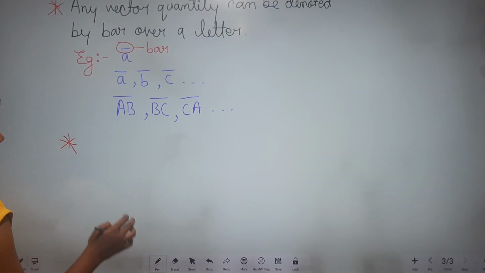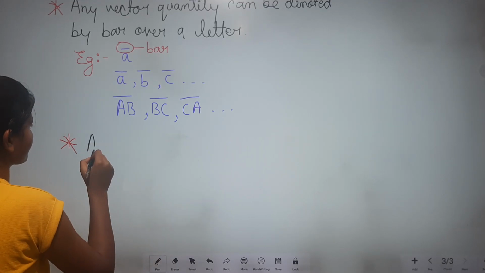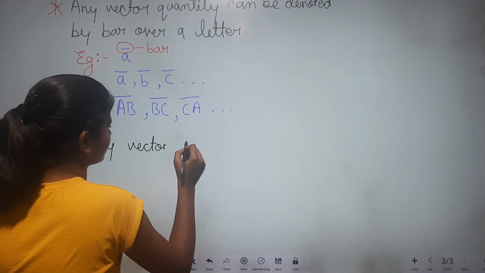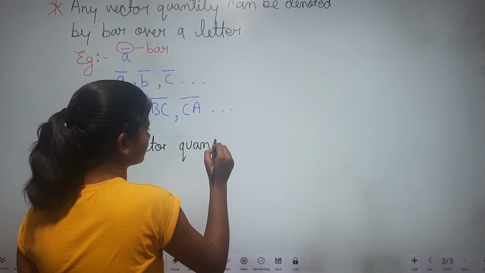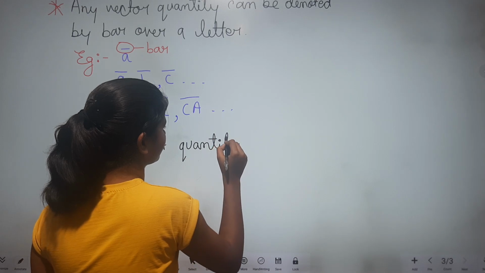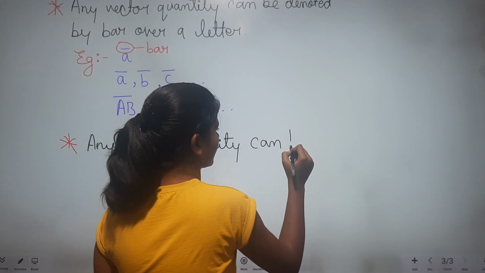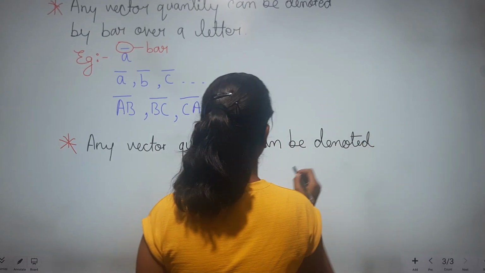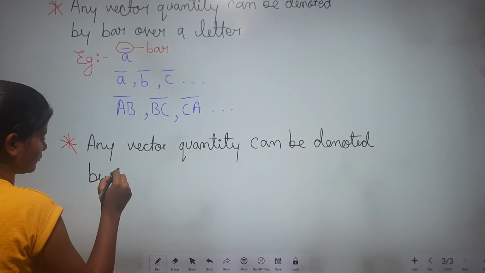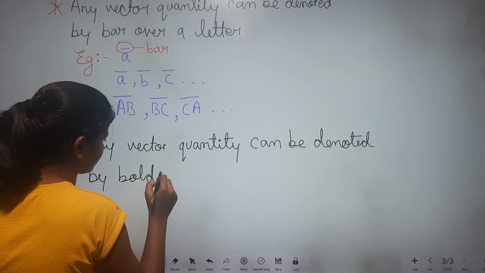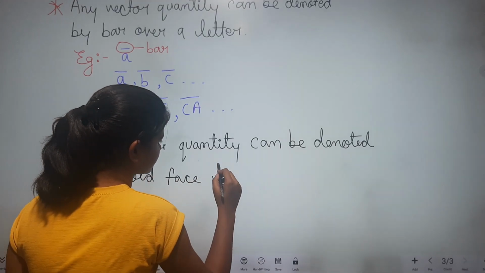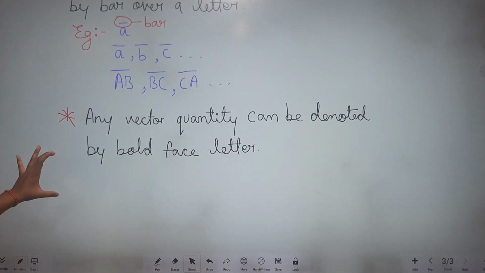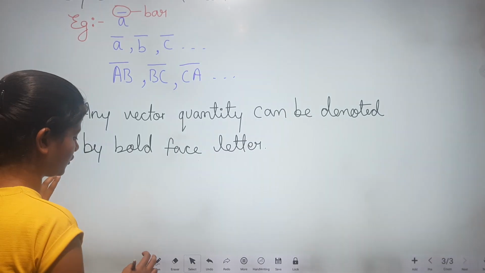So the third point is any vector quantity can be denoted by a boldface letter. Okay. Or any vector quantity can be denoted by a boldface letter.